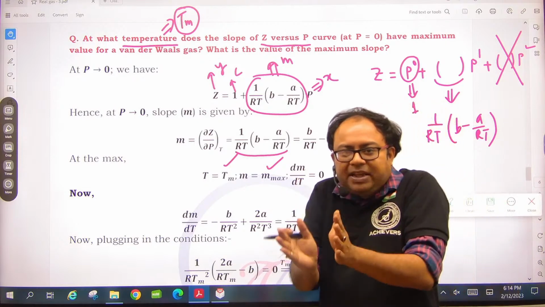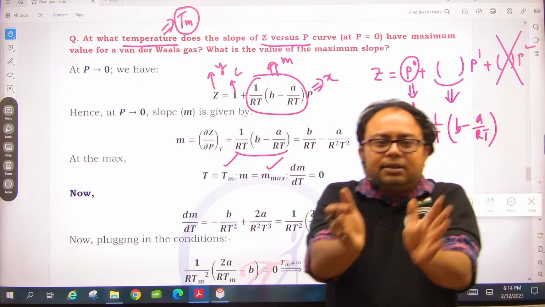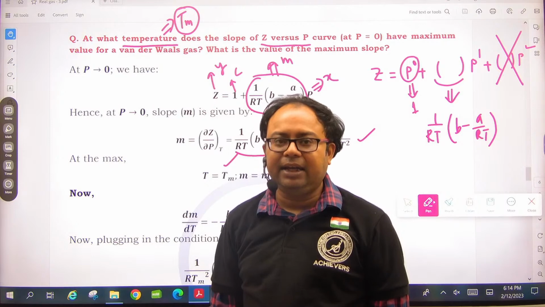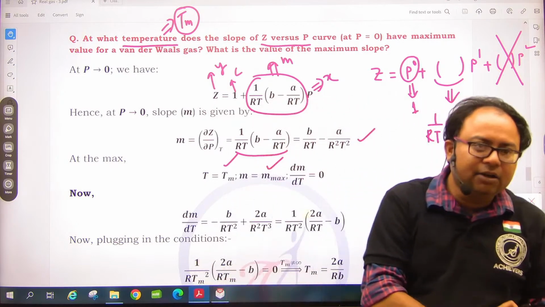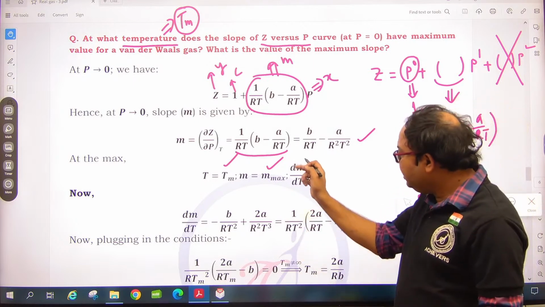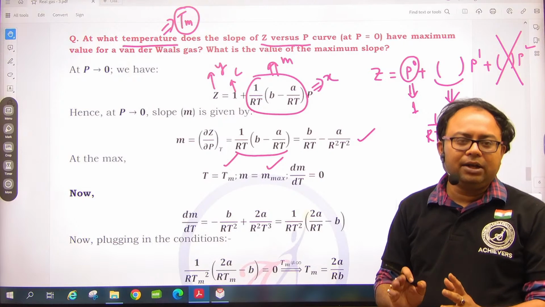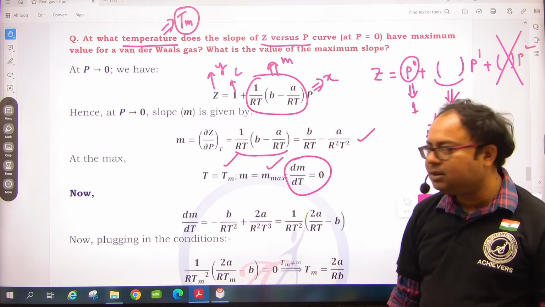So the slope is maximized with respect to temperature. You need to differentiate this slope with respect to temperature and equate it to 0. So dm by dT is equal to 0. This is the condition of the maximization of the slope with respect to temperature.